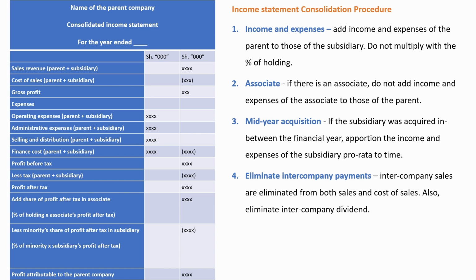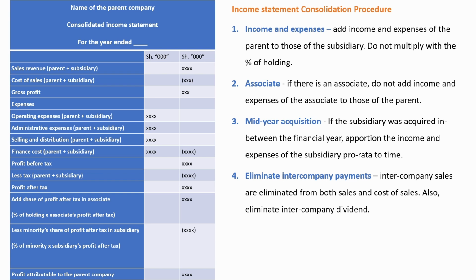There's another adjustment we normally make when you are consolidating the parent and the subsidiary's income statement in case of a mid-year acquisition. So mid-year acquisition is where the subsidiary is acquired in between the financial year. So what we do, we apportion the income and expenses of the subsidiary pro rata to time. That is, according to the number of the remaining months.